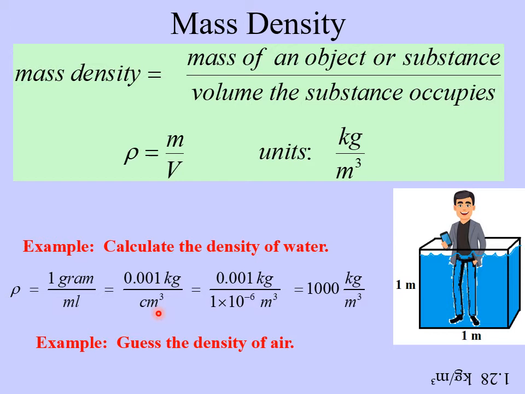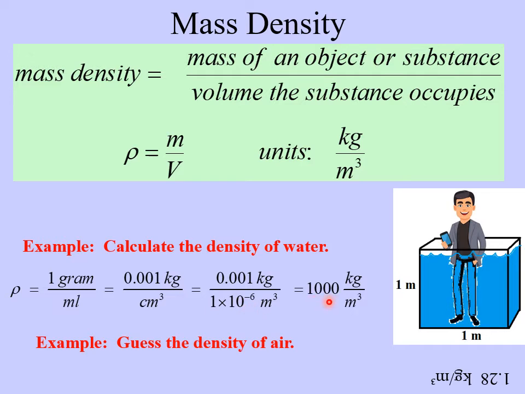Now, let's convert that to meters. Well, it turns out that there are 1 million cubic centimeters in a cubic meter. So a cubic centimeter is only 1 millionth of a cubic meter. So we have 10 to the minus 6, that's 1 millionth, meters cubed. And so if you take this number up here and divide it by this number here, you end up with 1,000.